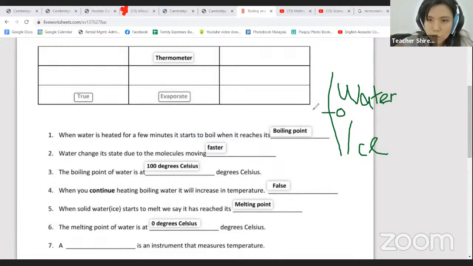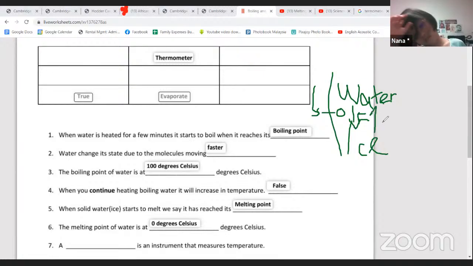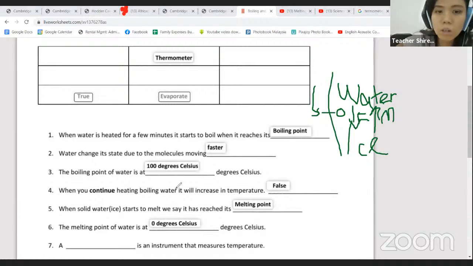So this is the point where it will melt from, and this is also the point where it freezes. From water to ice is freeze, or ice to water is melt. So both of these are called melting point and freezing point.